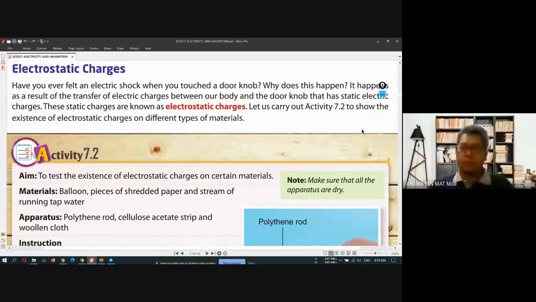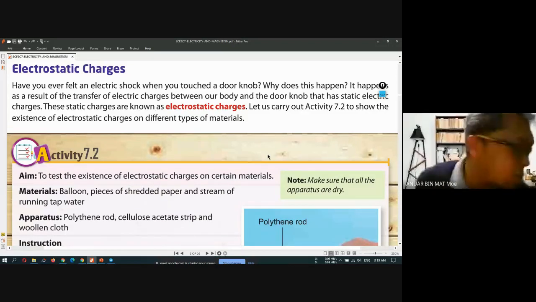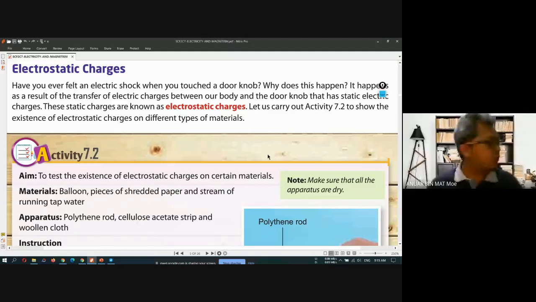Okay, the next topic for today, electrostatic charges. Yesterday we already learned about the types of energy and the meaning of energy. What else did we learn yesterday? The SI unit of energy, that is joule.